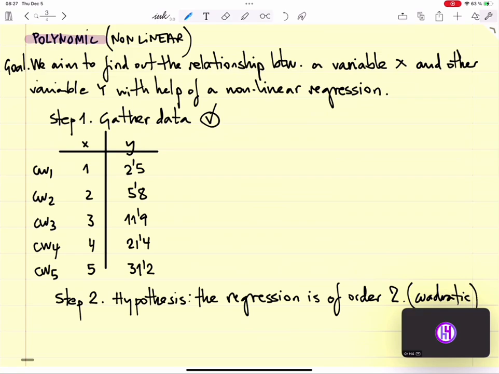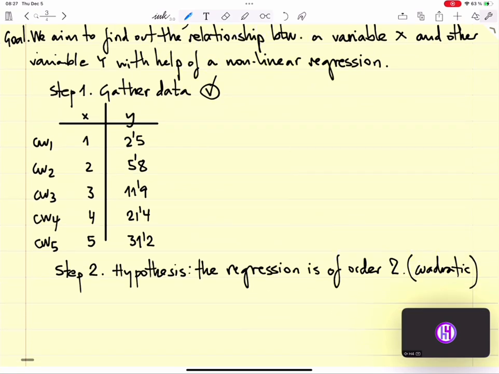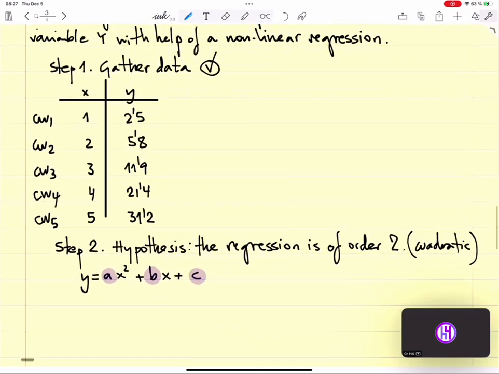We can choose it to be of order 3, of order 4, it's just more complicated. So the equation for a quadratic curve, for a parabola, is like this. And we need to find the coefficients a, b, c to find out the curve.